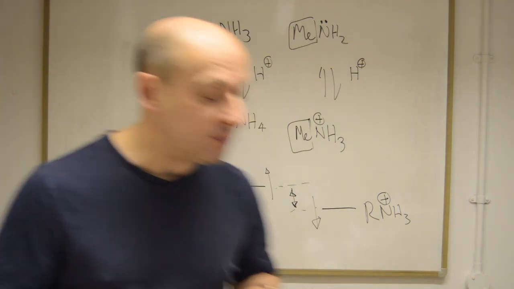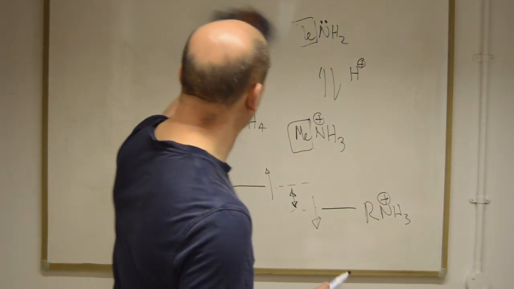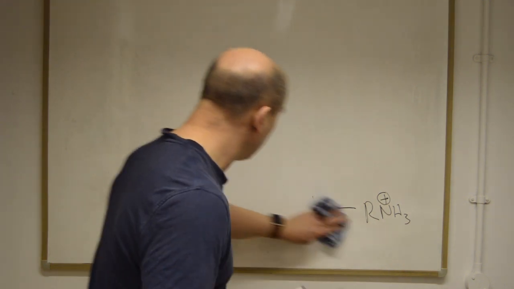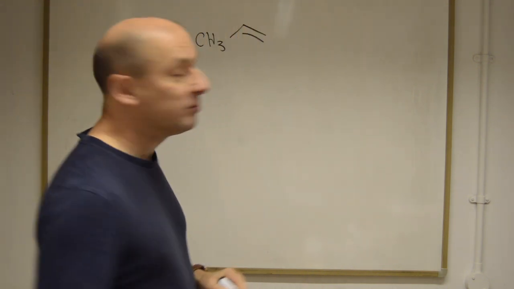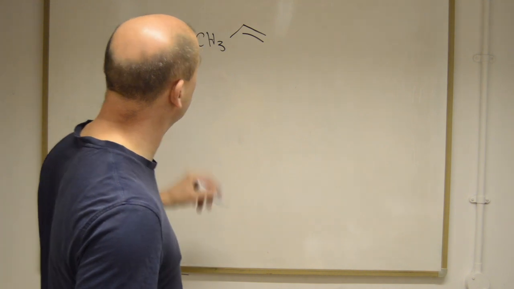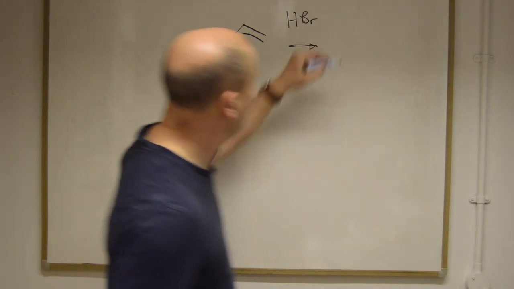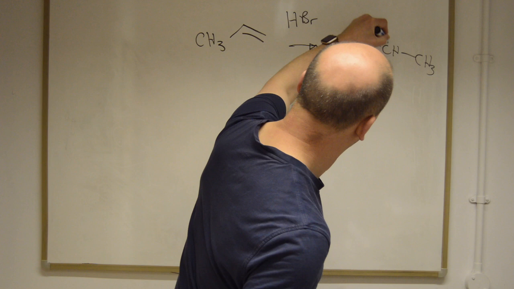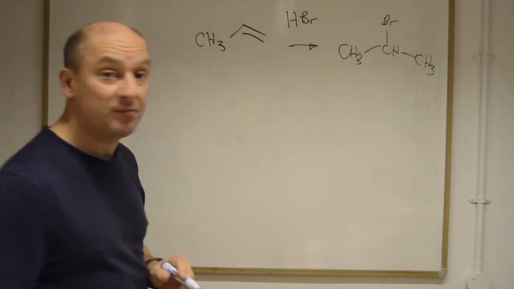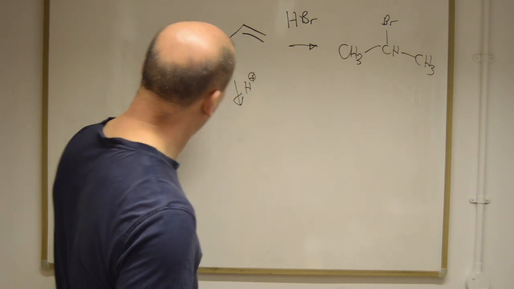Now there's one more thing in the A-level curriculum, and that's carbocation stability. So if we use the example that's most commonly taught in the A-level curriculum, if we add HBr to propene, then what we get is this, and what we're doing is we are adding H plus, and we have a choice.